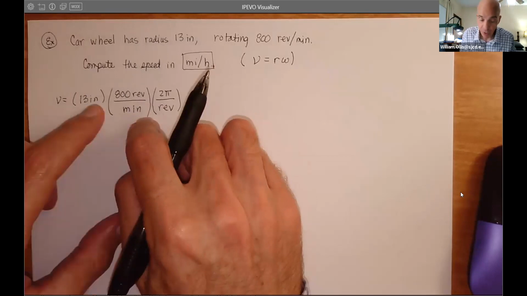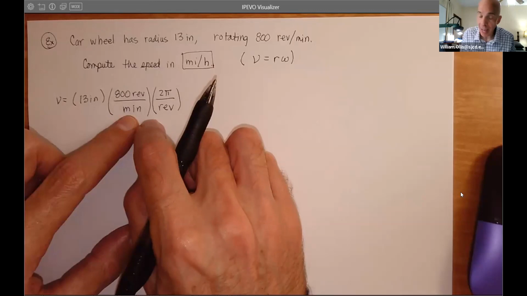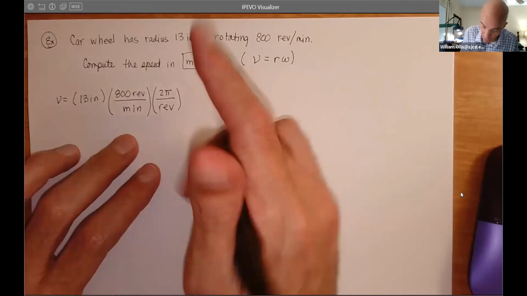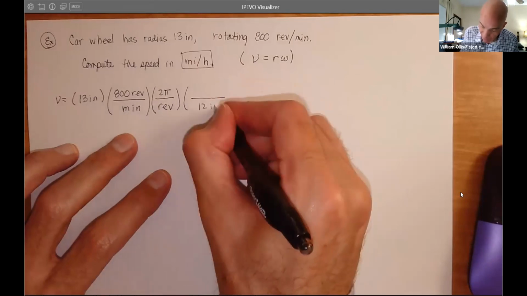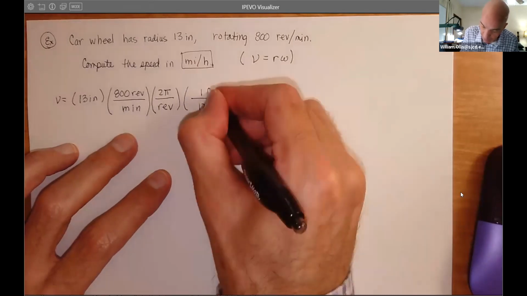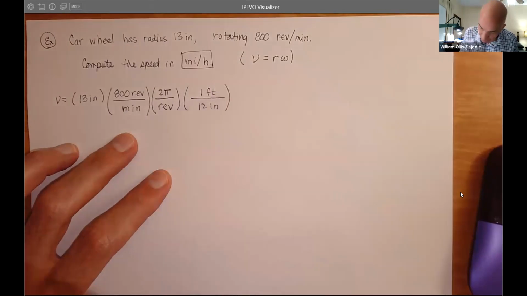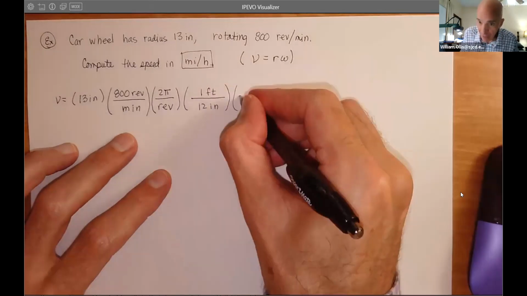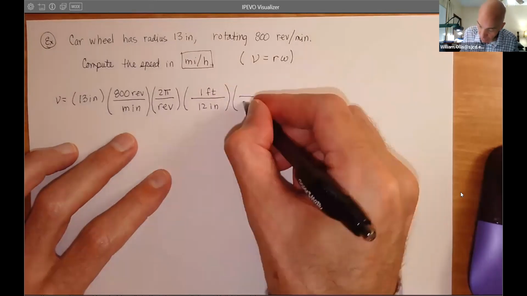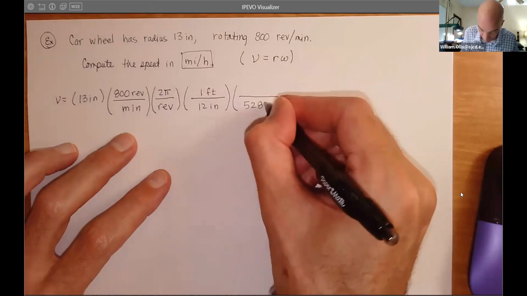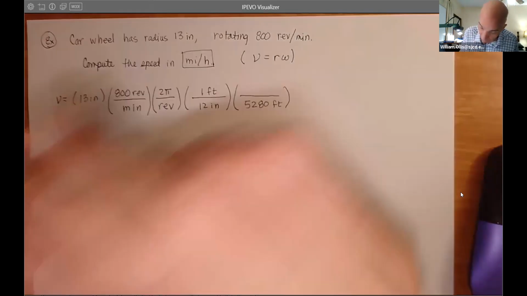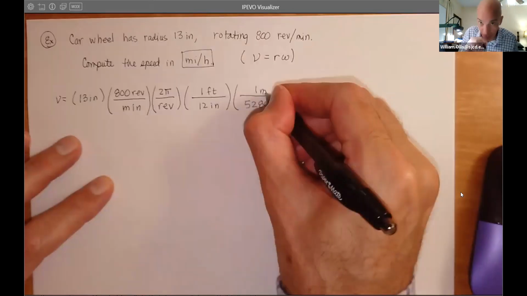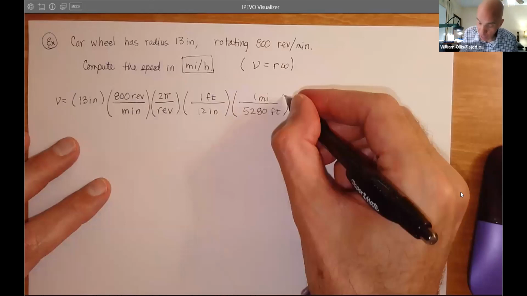But now we need to convert inches to miles, and we need to convert minutes to hours. So we'll have 12 inches, 1 foot, 5,280 feet, 1 mile.